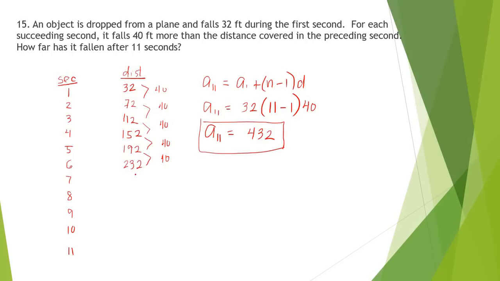I will just complete this tabulation here so that everything will be clear. So we have 232. By the way, the 11th term is 432. 232 plus 40, we have 272. 272 plus 40, 312. 312 plus 40, 352. 352 plus 40 is 392.